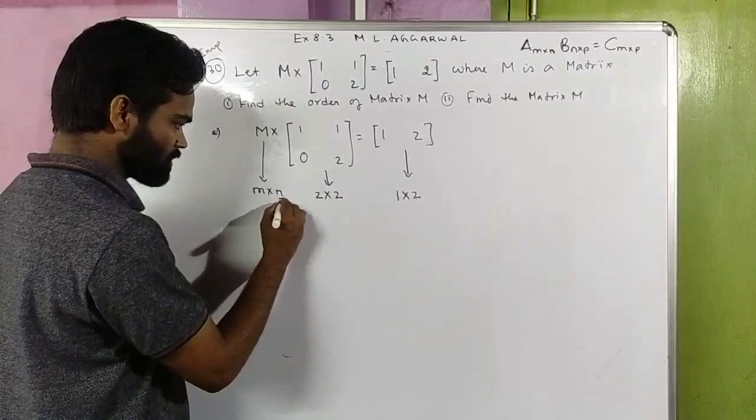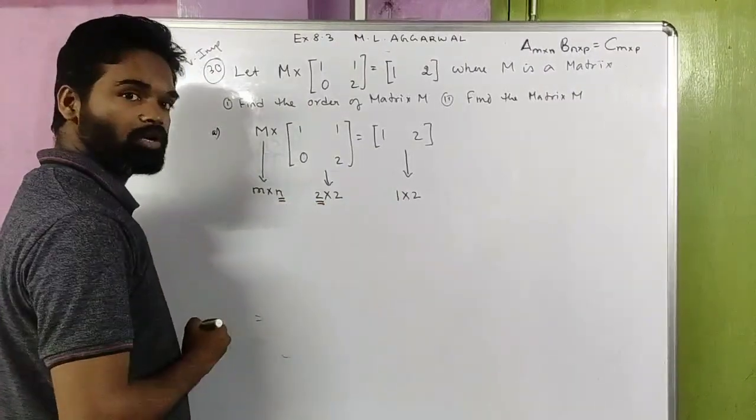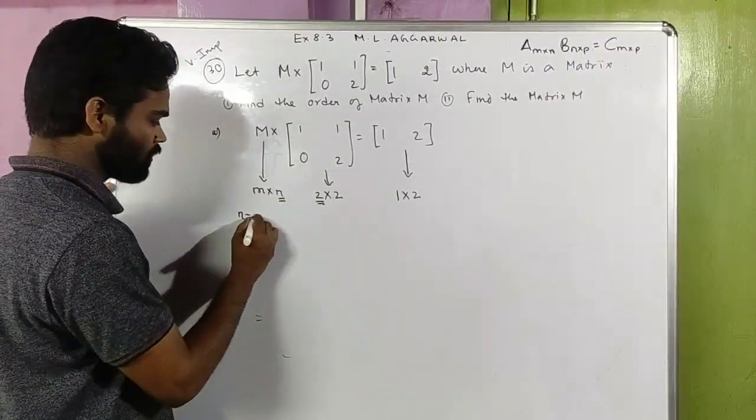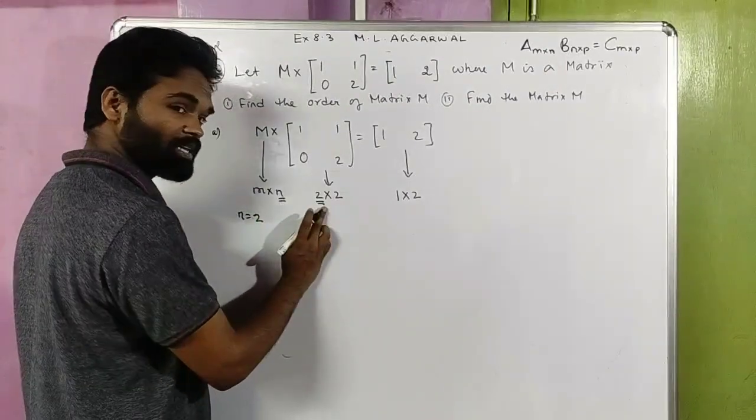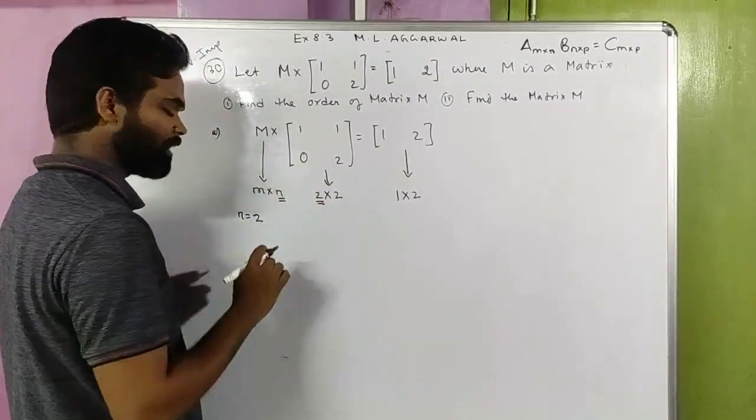Now we know that this and this are equal, which means n is equal to 2. The column of the first matrix and the row of the second matrix is equal when you multiply.